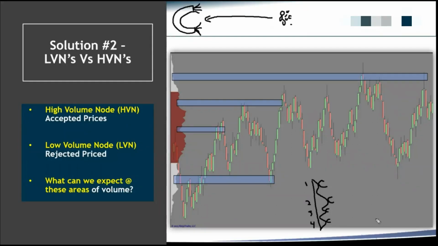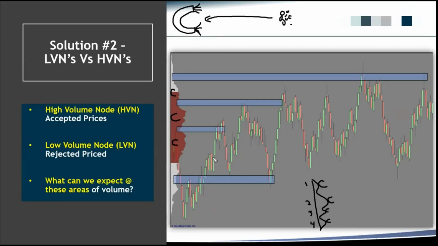There's 4 places in this example that I've just drawn that the market will be able to exchange more liquidity because it's proven that that's where price can exchange volume. That's where markets will trade longer. So in situations like this, there's a magnet here, there's a magnet here, there's a magnet here, okay?